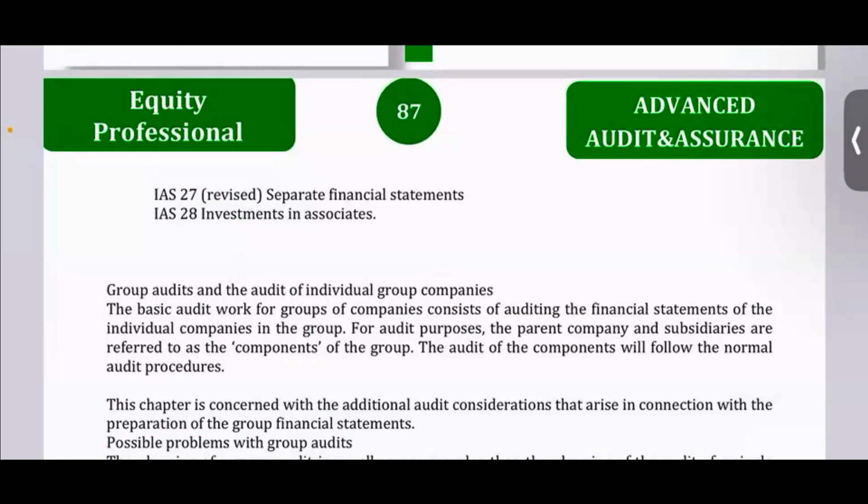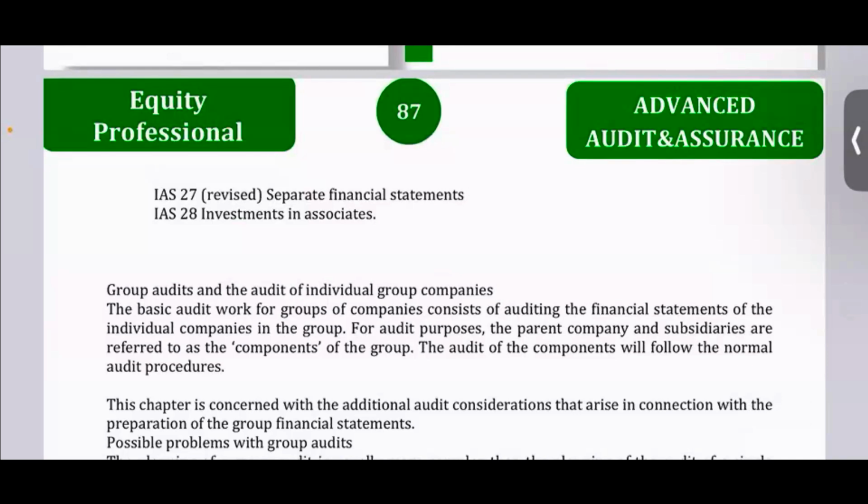And we also have IAS 28, investments in associates. This is another form of arrangement that you can have within a group that may not necessarily be subsidiary and parent company.